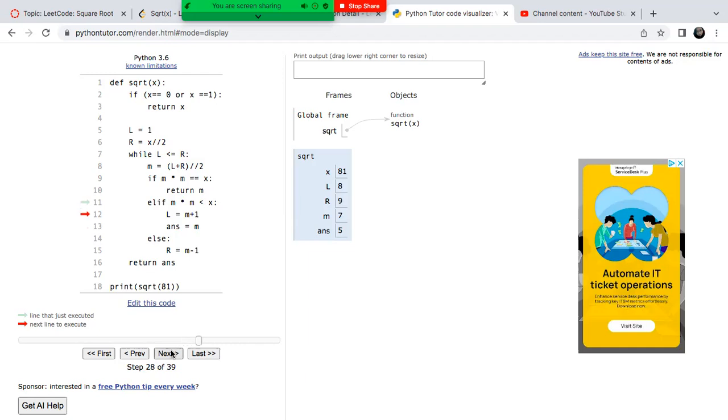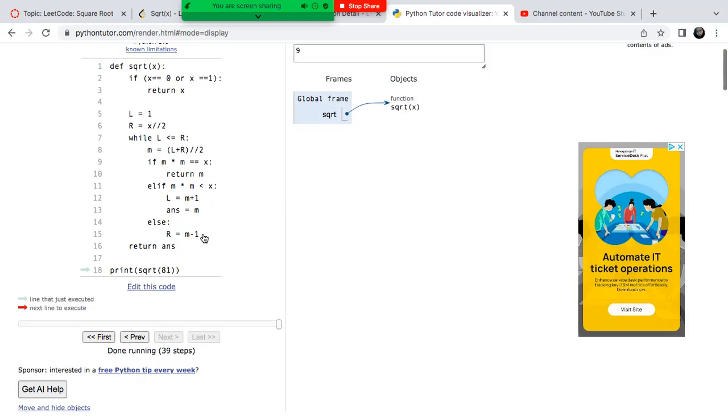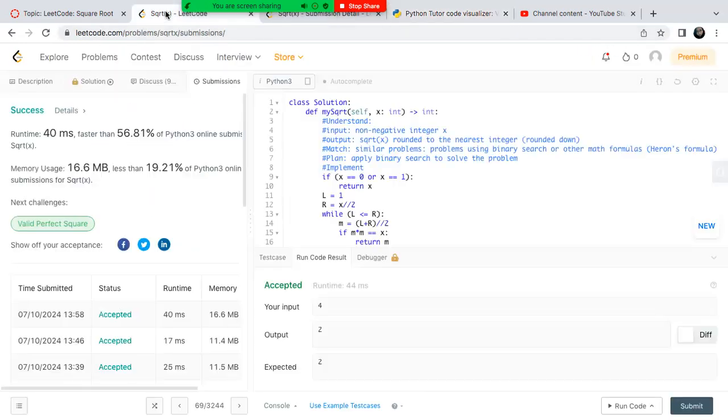We continue doing this until we update all the intervals, and we have a return value of 9 when m hits 9 and m times m is equal to x, which is 81. So we exit and we have 9 as the answer. And so that's the solution, a review of the square root function.